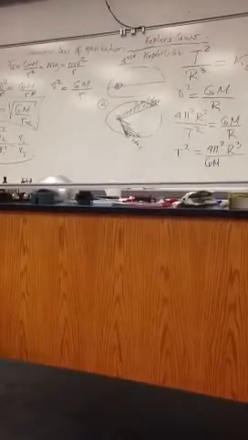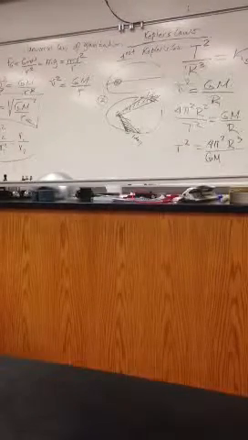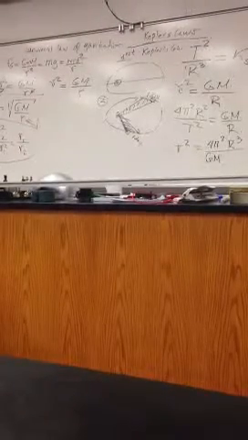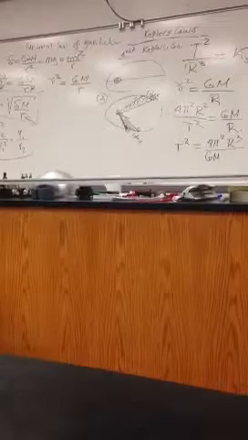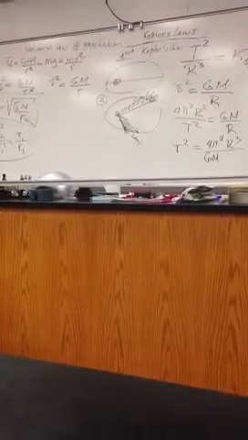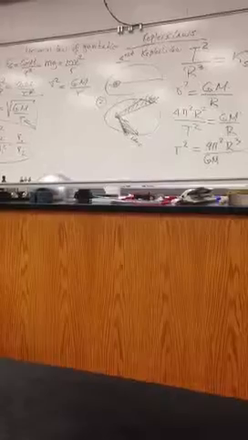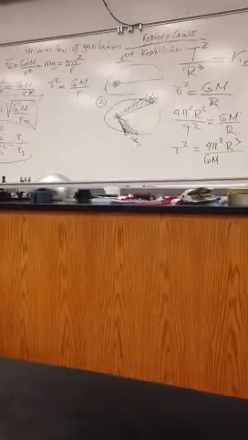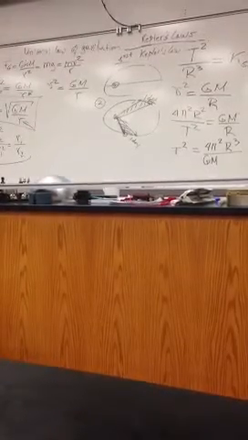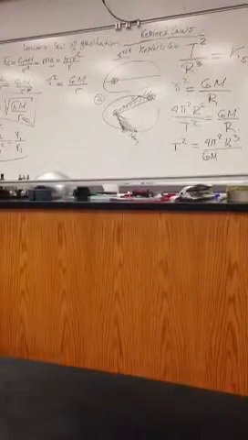Look at the different formulas for gravitational force: GMm over r squared, mg, mv squared over r. Which of the three equations can you use? The first or the third? The first. We can use the first.